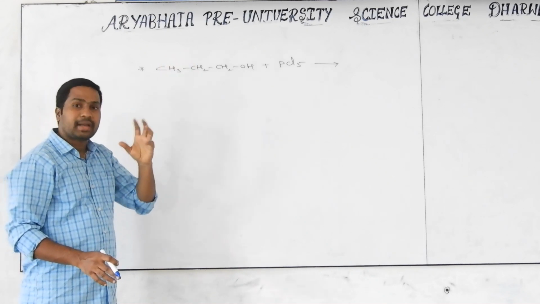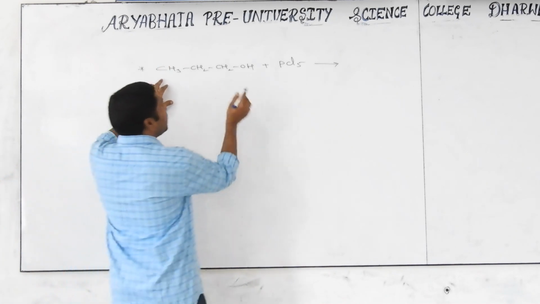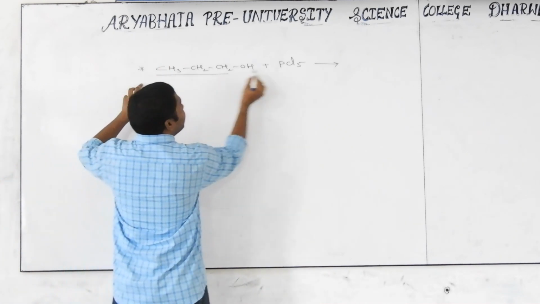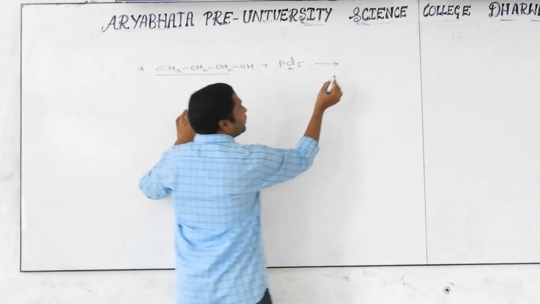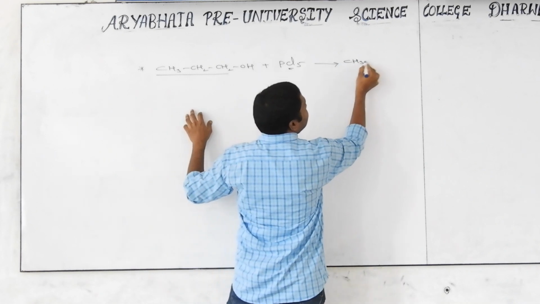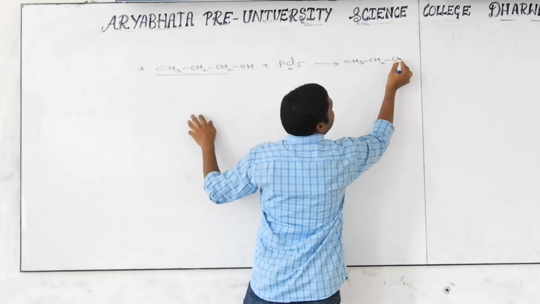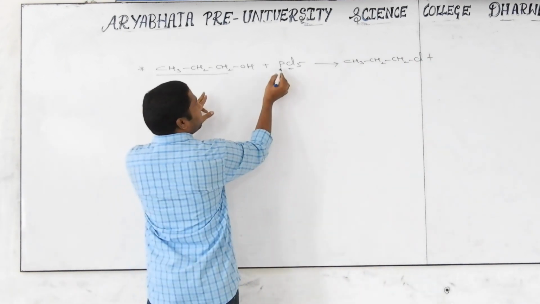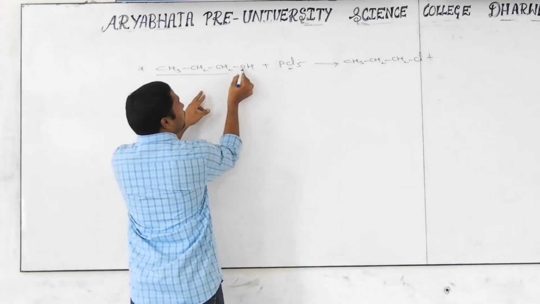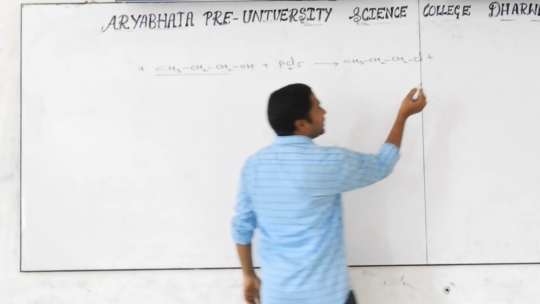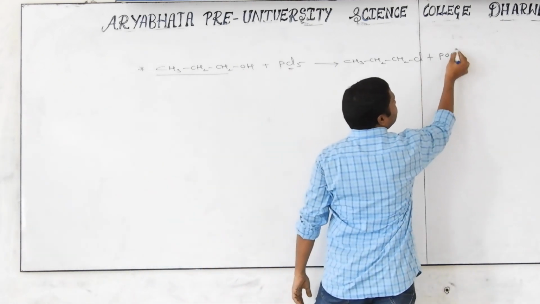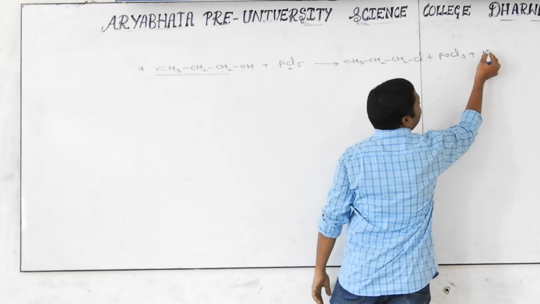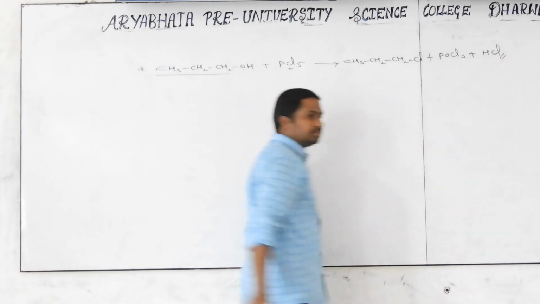You should get that much practice. Then one alkyl group immediately combines with chlorine. We get CH3CH2CH2Cl, plus the side products: phosphorus, oxygen and three chlorines, becoming POCl3, phosphorus oxychloride, plus one more, HCl.